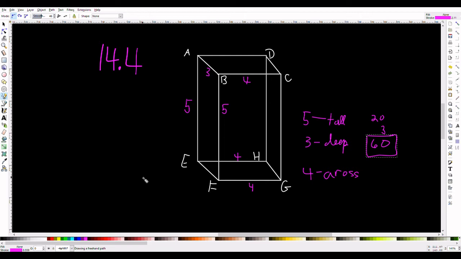Next, find the total surface area. So we're going to first ask, how many faces do we have to deal with in the total surface area? How many is it? On this figure, it's 6. So we have 6 rectangles to discover the surface area of.